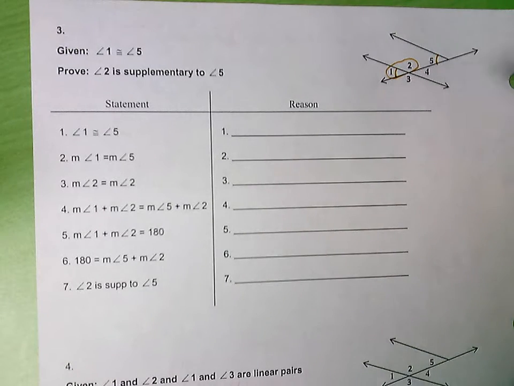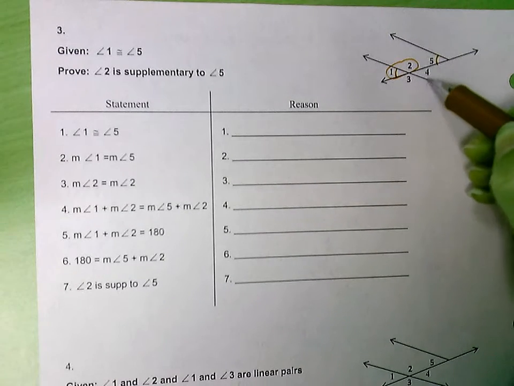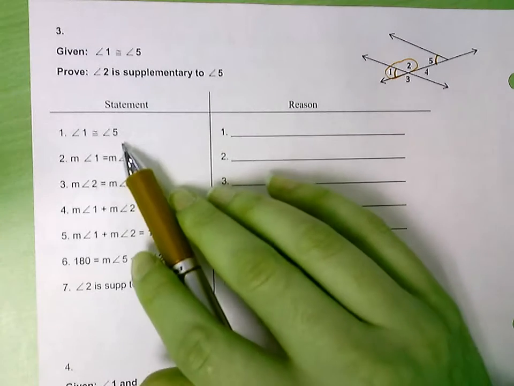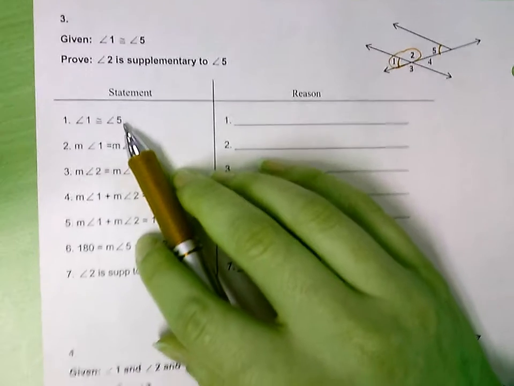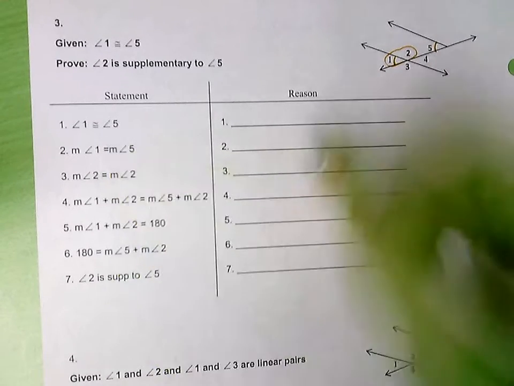Now, you won't use this, but you could also see angle 1 is congruent to angle 4 because those are vertical. Okay, those are just some of the things you should be looking for within your picture. So what I want to do now is start my proof. So my first statement, angle 1 congruent to angle 5 is given.